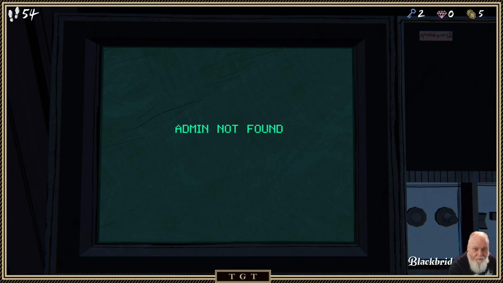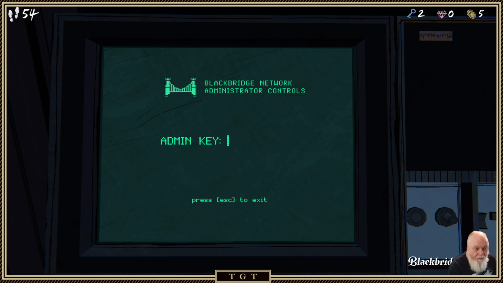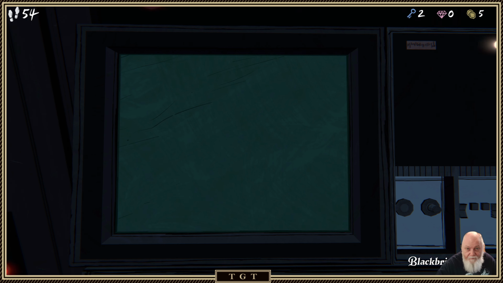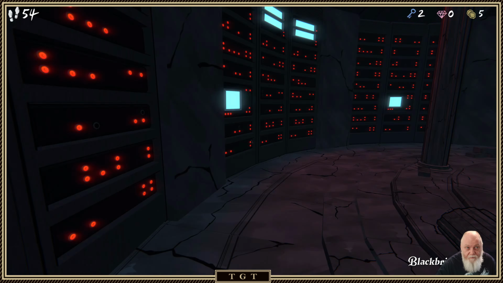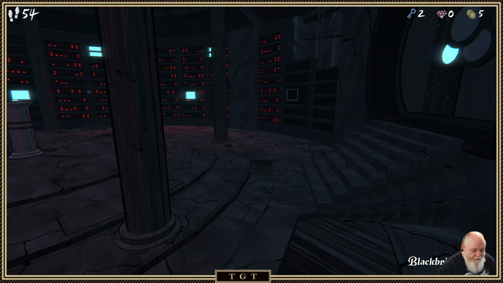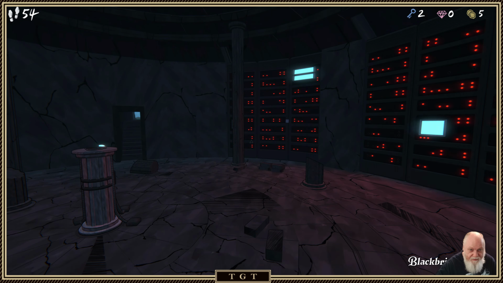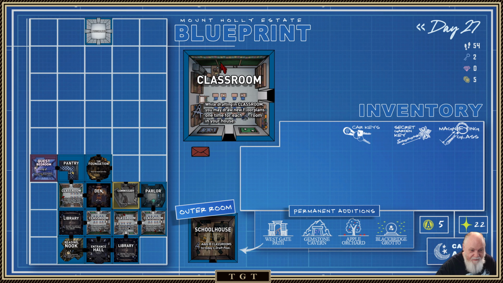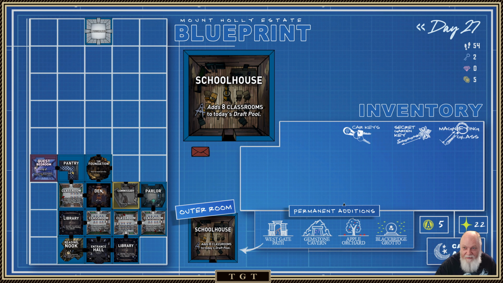Orinda. Okay. I have all of these wasted steps, 54 steps, and I did so little of the house today.